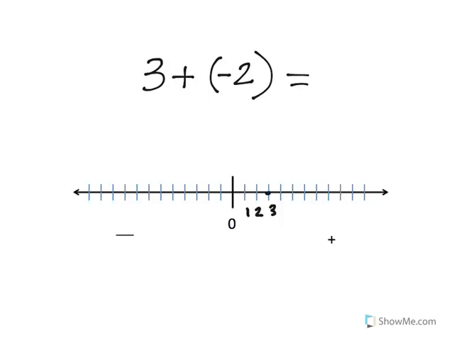So I start at 3, and then I move in the negative direction 2 parts. And I end up here at 1. So the answer is 1.